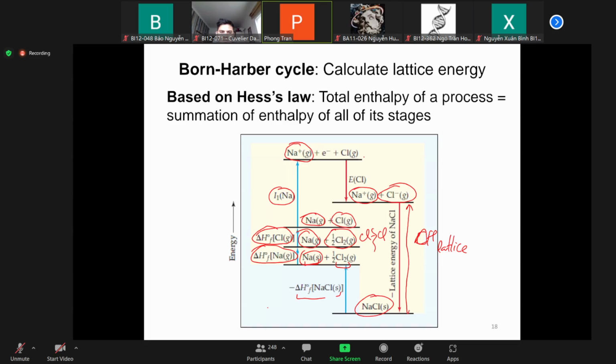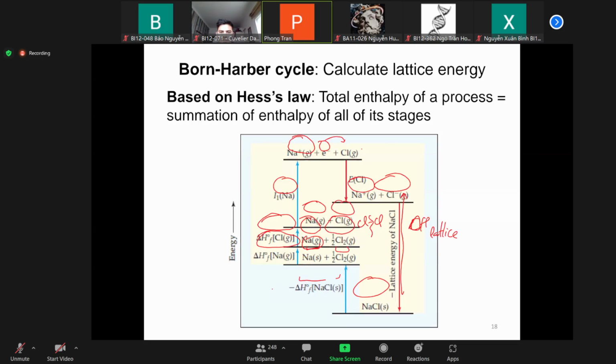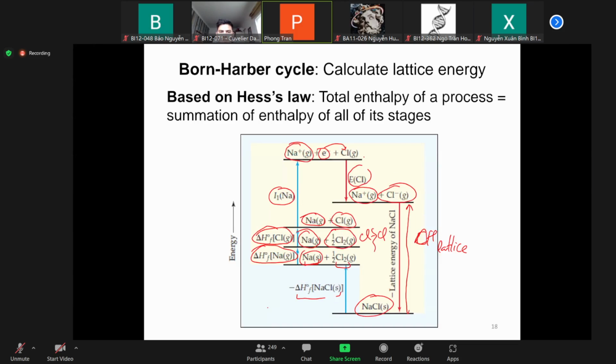Then this electron transfers to the chloride, making the chloride anion gas, and this is represented by the electron affinity energy.